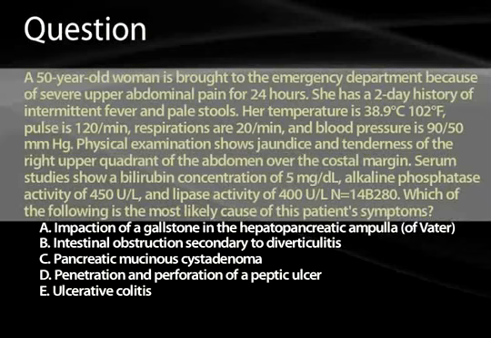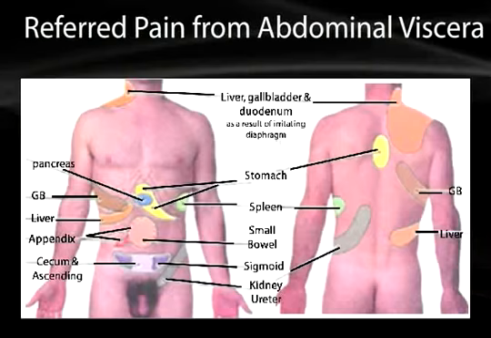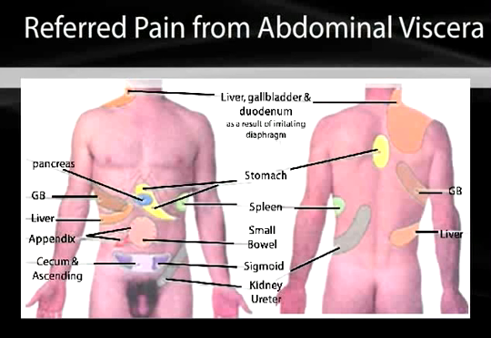This is more likely to be a blockage at the hepatopancreatic ampulla. In this slide, you can see the referred pain from the abdominal viscera, with the gallbladder from the anterior view projecting to the costal margin on the right side, and sometimes around to the inferior angle of the scapula.